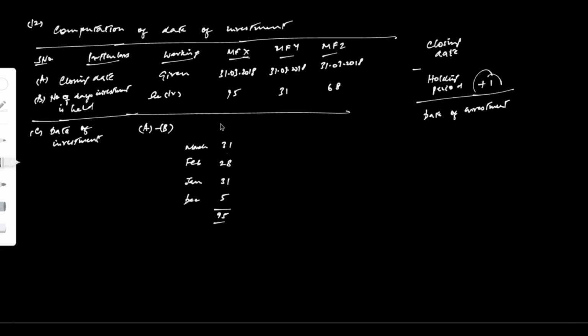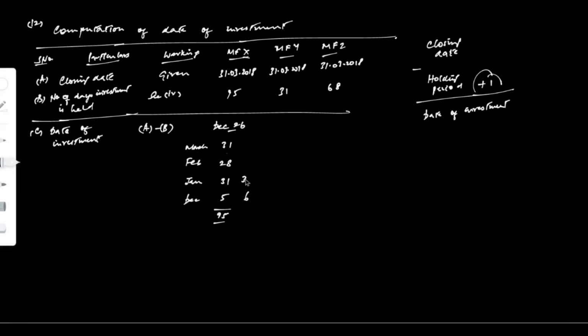So from 31 if you are reducing 5 more days, then it will be December 26, right? Now if you calculate how many days are there between December 26 and March 31, it should come to 95. We'll check whether it is correct. From December 26 to December 31, we also include December 26, so that is 6 days.